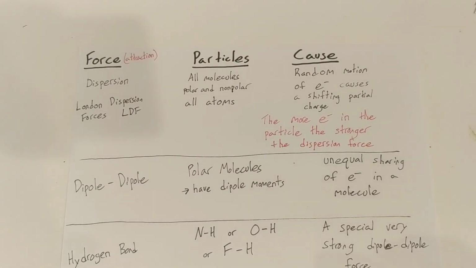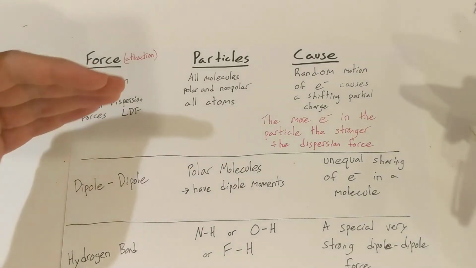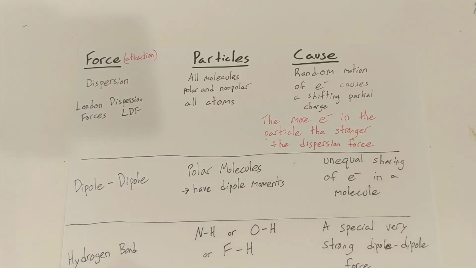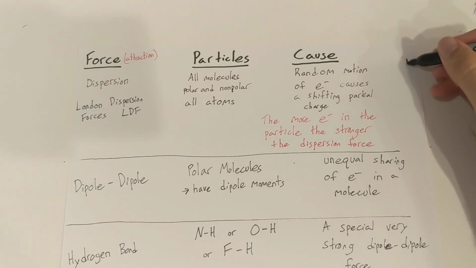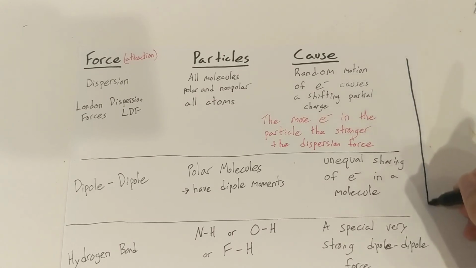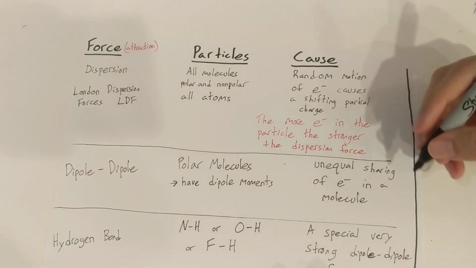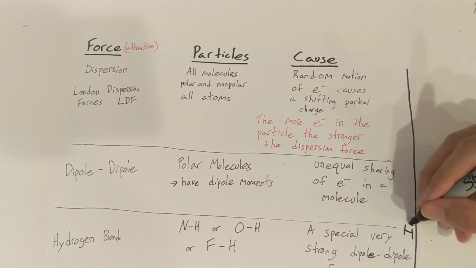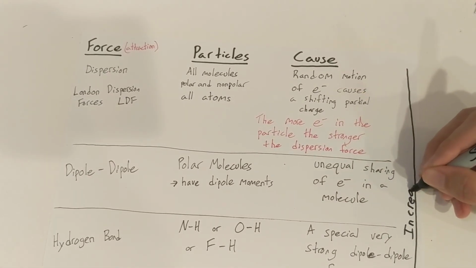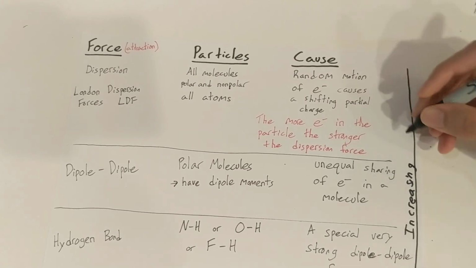All right, so I want to cover one last thing before ending this right here, and just to talk about in general the strength of attraction here. So we started off with our weakest strength, and as we go down, in general, it gets more and more strong. So I'm going to write increasing strength.